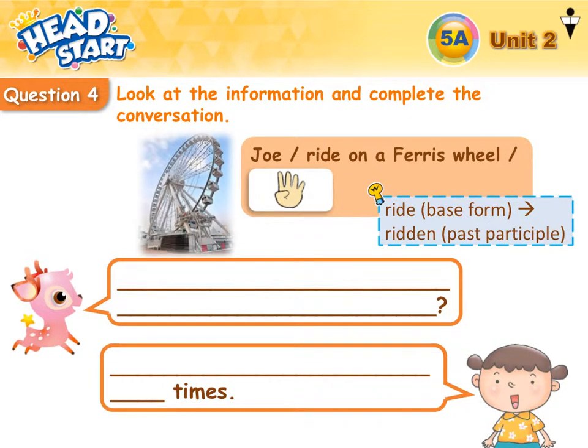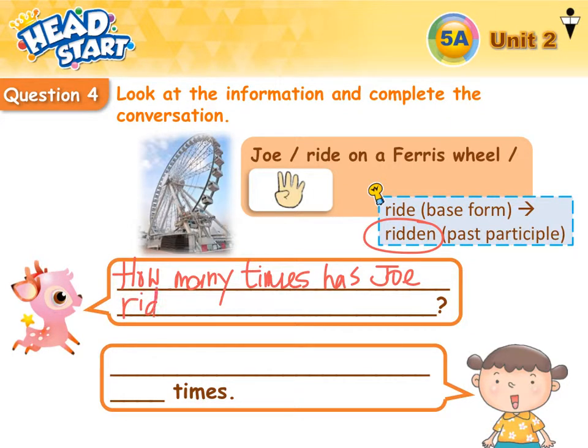Okay? Question 4. Joe ride on a Ferris wheel. Questions? You want to know how many times? Then we start with how many times. We want to know about Joe. So Joe is a boy. Has Joe ride, the PP should be ridden. We're talking about experience. Remember, we have to use present perfect tense.